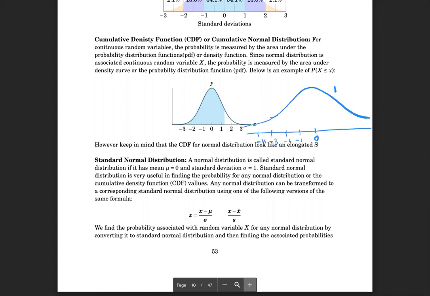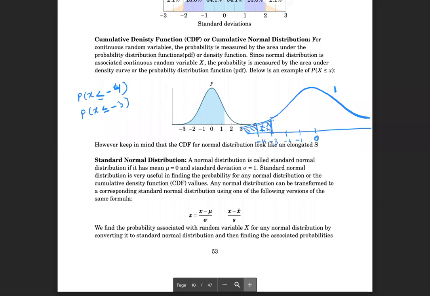If you want to find out the cumulative probability, the probability that X is less than or equal to -4, you're going to be considering only this area. If you want the probability of X less than or equal to -3, -3 is right here, you're going to be considering this plus this area. Everything together, all the way up to this.